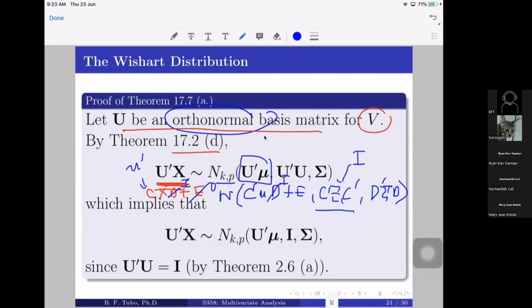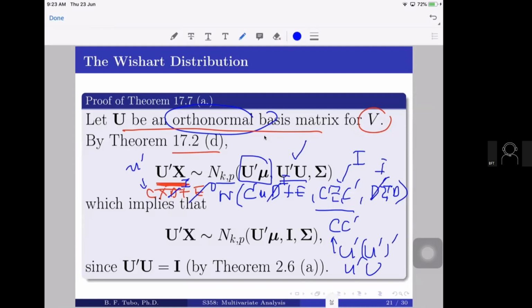So this becomes C C prime, but our C is U prime, so U prime prime, which is U prime U. Okay, so this is correct. And then D is identity, so this is just identity and identity. So what remains is sigma. So this is correct, no?